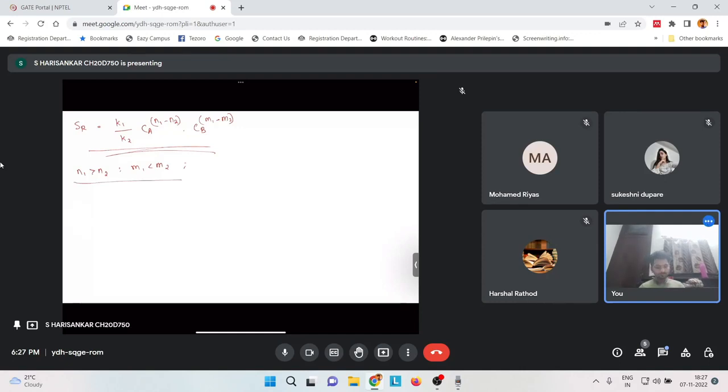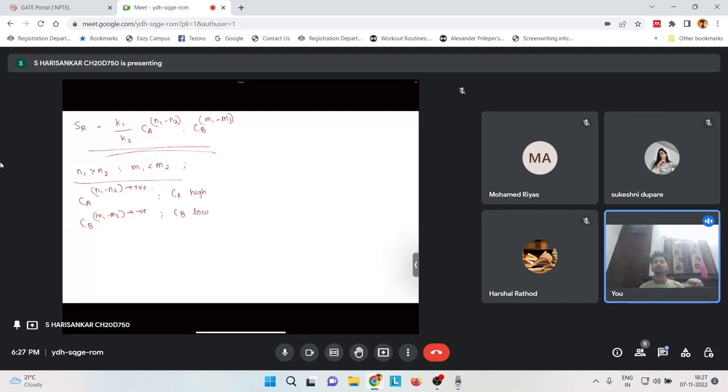That means this Ca raised to N1 minus N2 will be positive. So it is better to keep Ca high, right? And since M1 is less than M2, the Cb raised to M1 minus M2 will be negative. So to increase the overall value of this Cb raised to M1 minus M2, we have to keep the Cb in low concentrations.